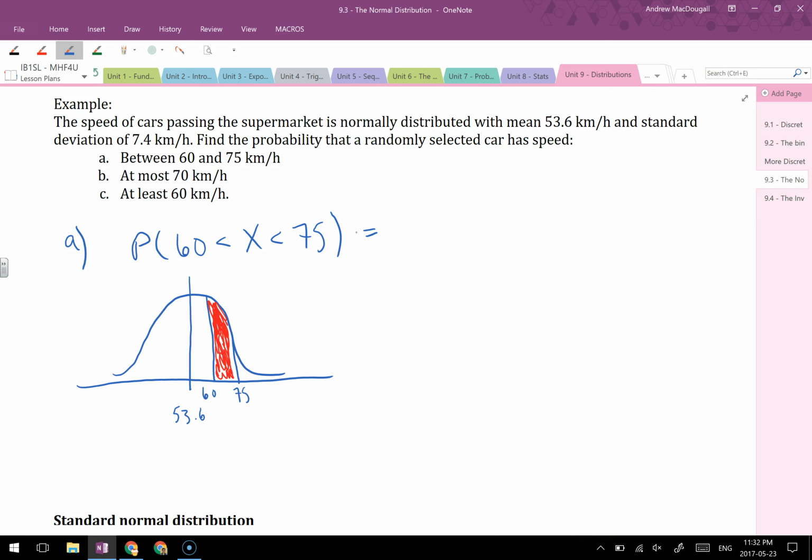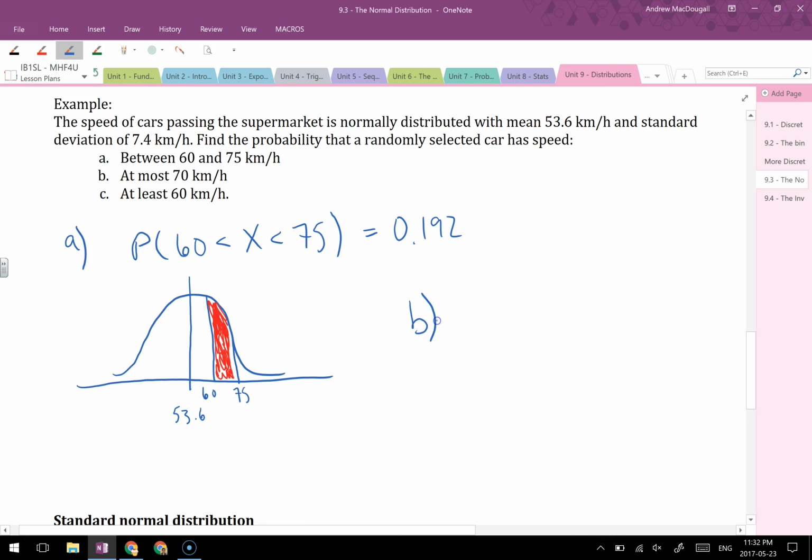And I get that this is actually 0.192, rounded to 3 significant figures. So there's a 19% chance that a car that passes by is going between 60 and 75 kilometers per hour.